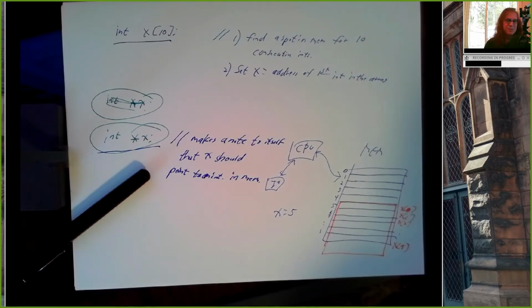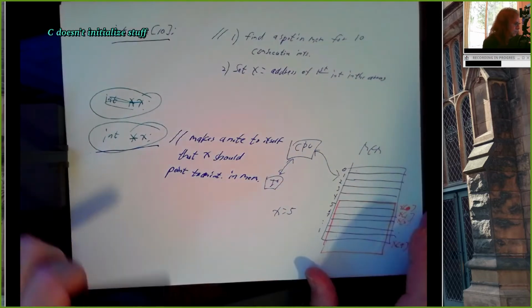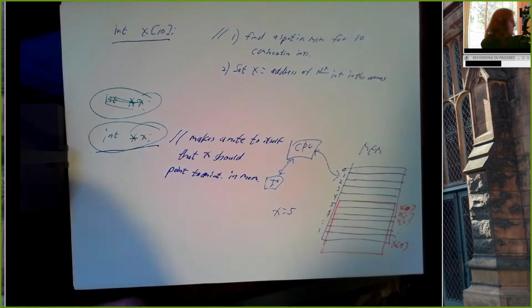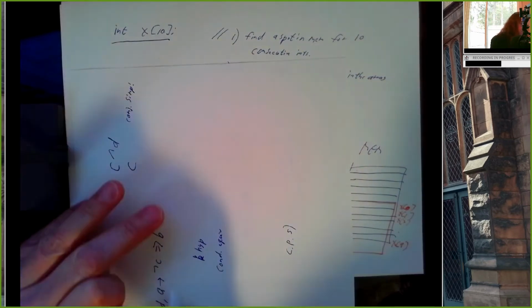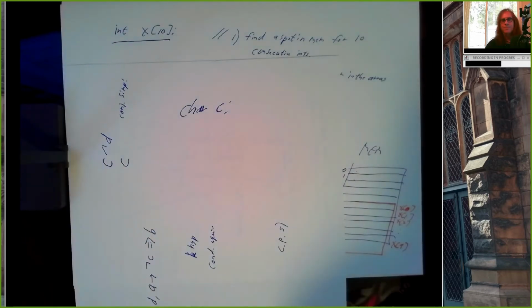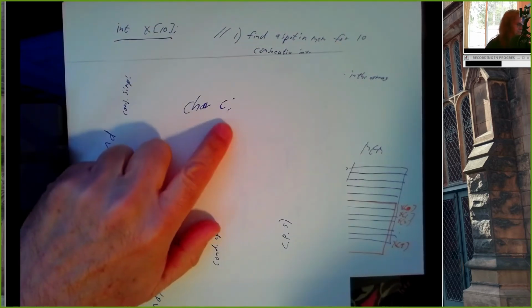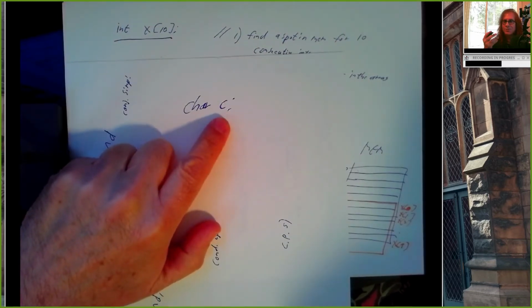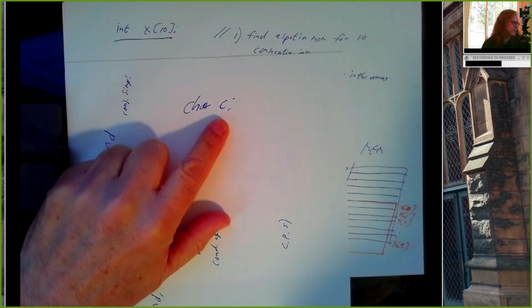And so this is another thing to keep in mind. C does not generally initialize stuff. So for example, if I say character c, what am I telling the compiler? Hey, c is going to be a variable that holds a character. c should hold a character, but it doesn't yet.